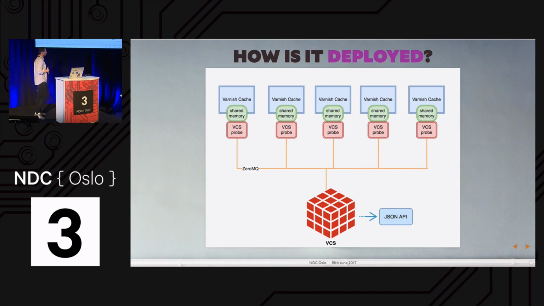This is the architecture of VCS. You have your Varnish servers and then the shared memory, and then you have what we call the probe. The probe reads from the shared memory log and sends the data to VCS through 0MQ. Then VCS does all the aggregation in time series and exposes the JSON API.